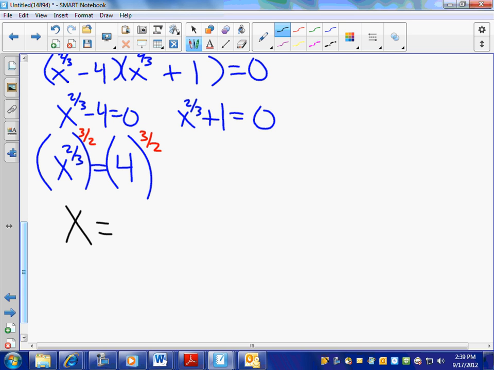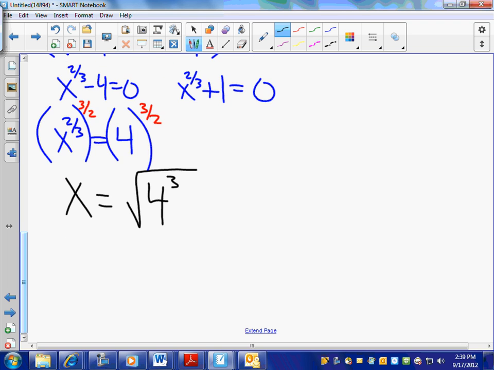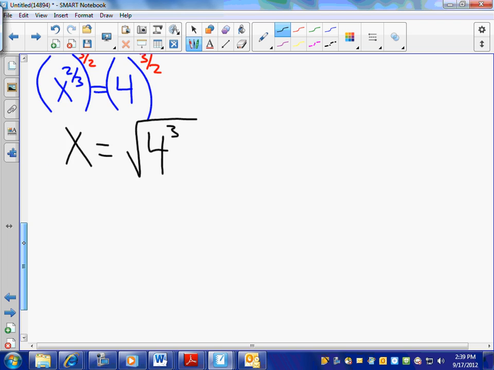4 to the 3/2. How do I do that? Sticks. That's a good idea. Can I rewrite that like this? The square root of 4 to the 3rd? But excellent guess, Savvy. I'm happy that you made that guess.